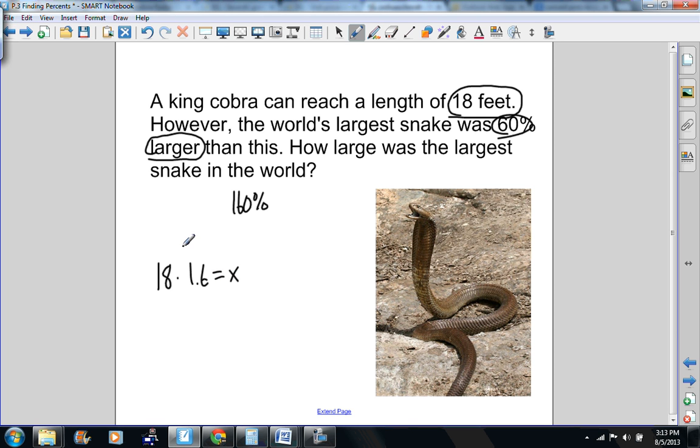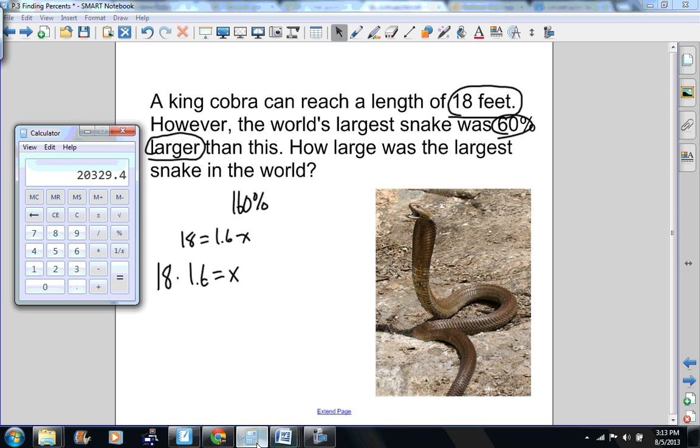Now, if you did it the way I did right away, 18 equals 1.6 times x, that means we would have divided. So I would have 18 divided by 1.6. That would have given me 11.25, and I should understand that's not correct because the king cobra is not the largest snake in the world.